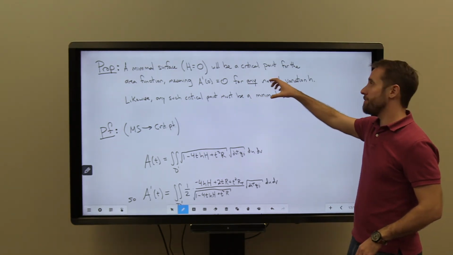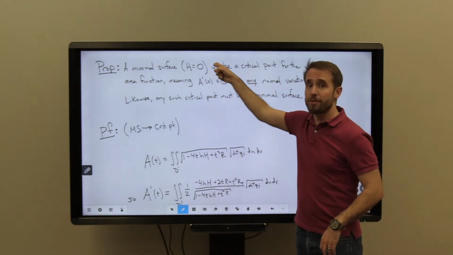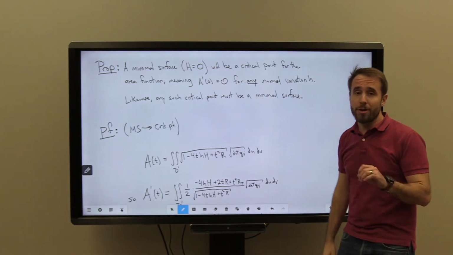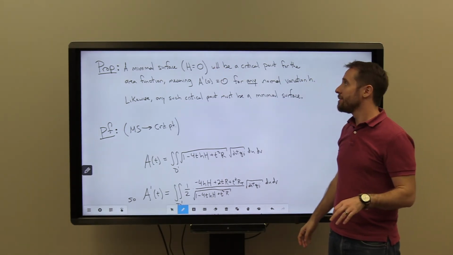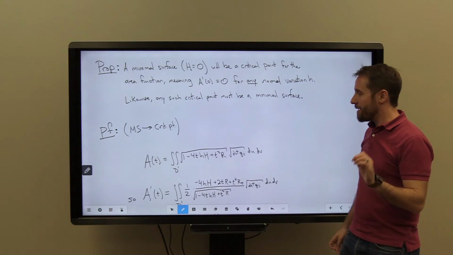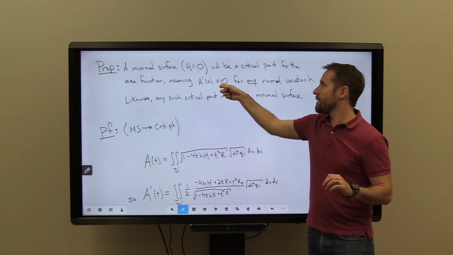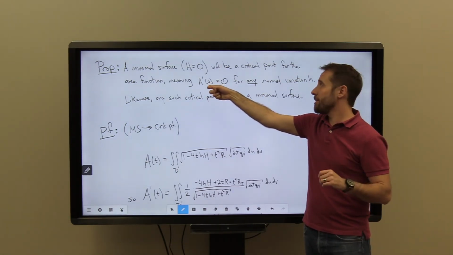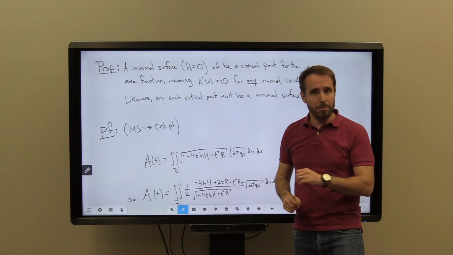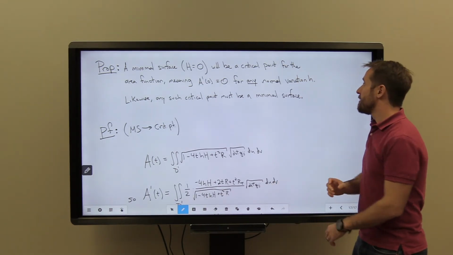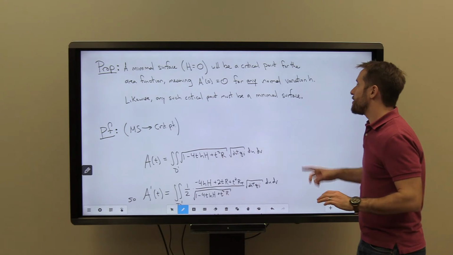A minimal surface, that is a surface with mean curvature zero, will be a critical point for the area function, meaning that if I take that area function, take its derivative, and look at it at time zero, that derivative will equal zero for any normal variation little h.